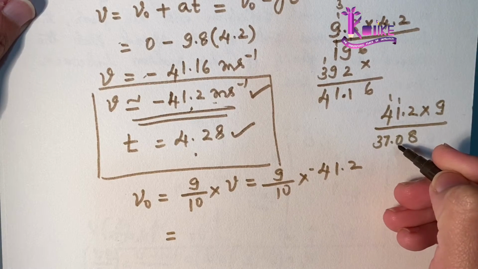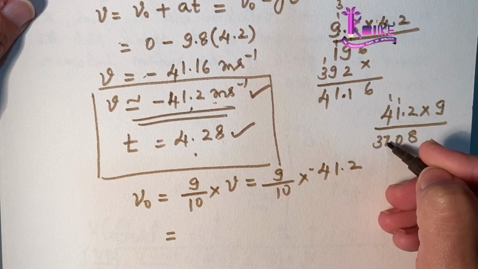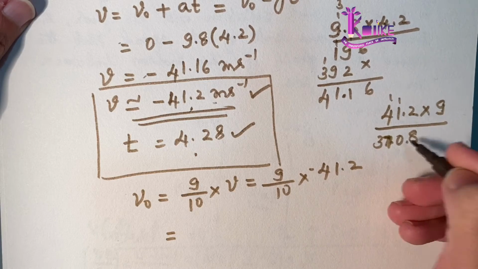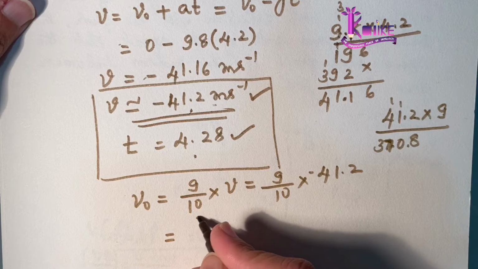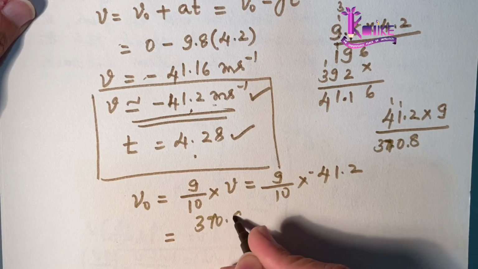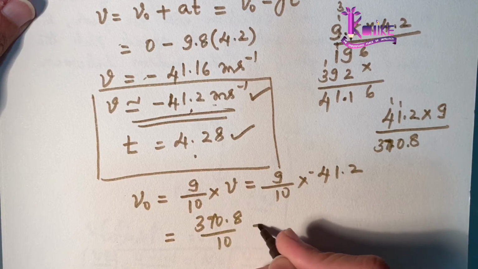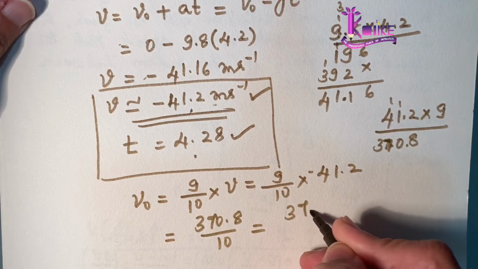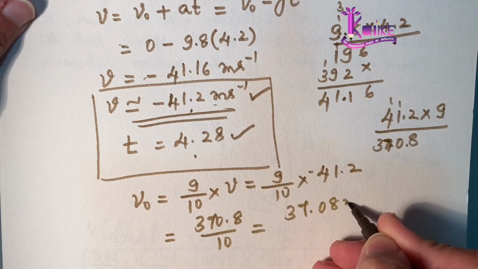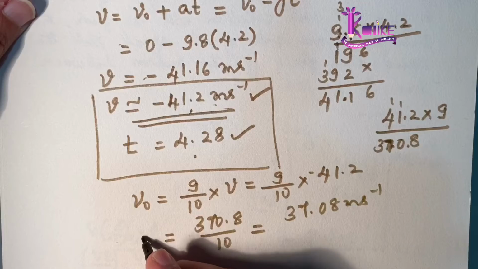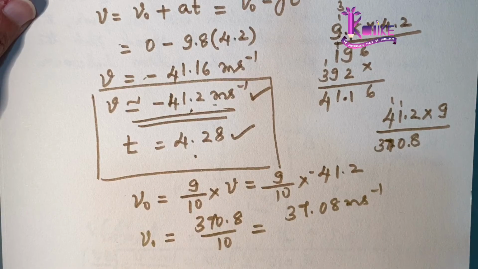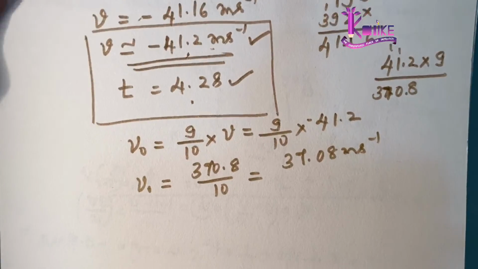So you keep the decimal point after one digit, so it is 370.8 divided by 10, that is nothing but 37.08 meter per second, which will be its initial velocity or the rebound velocity.